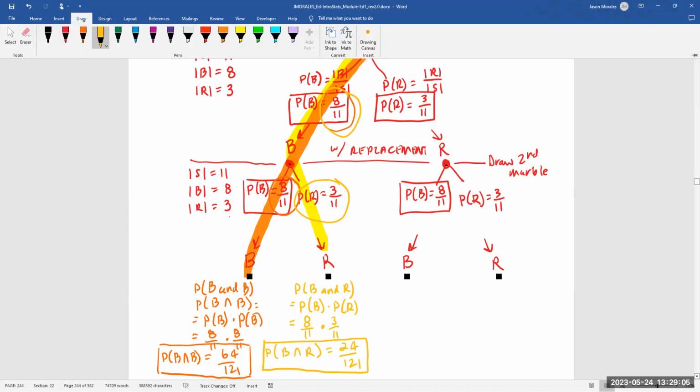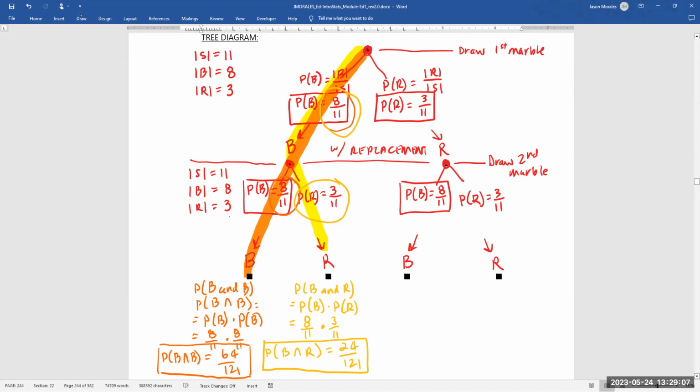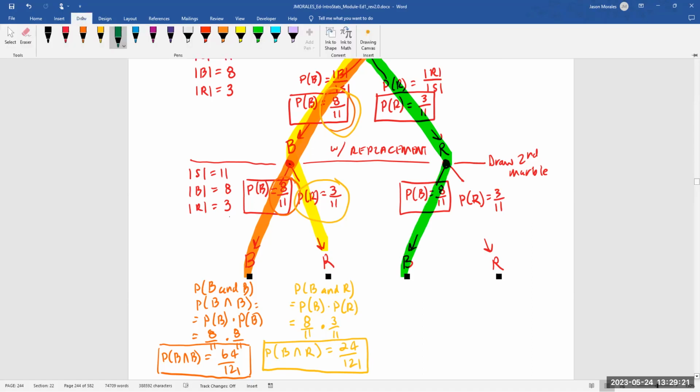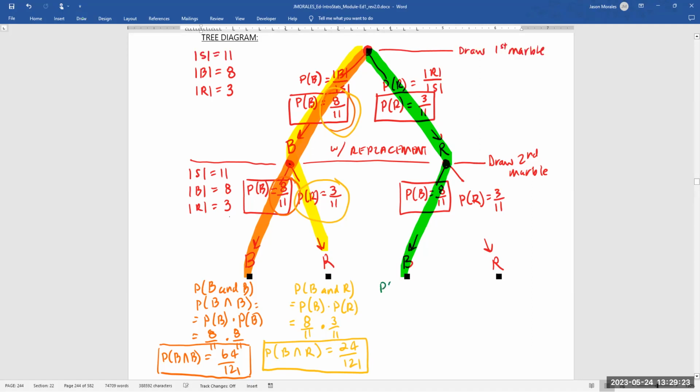Okay, let's look at the next one. So if the first marble drawn wasn't blue, if instead it was red, and then we replaced it, and then for the second marble chose blue, this would be the probability of red and blue, which is the probability of red first times the probability of blue second.